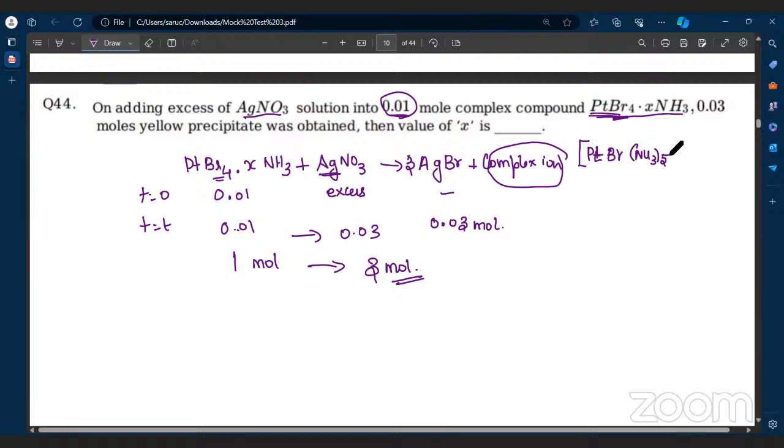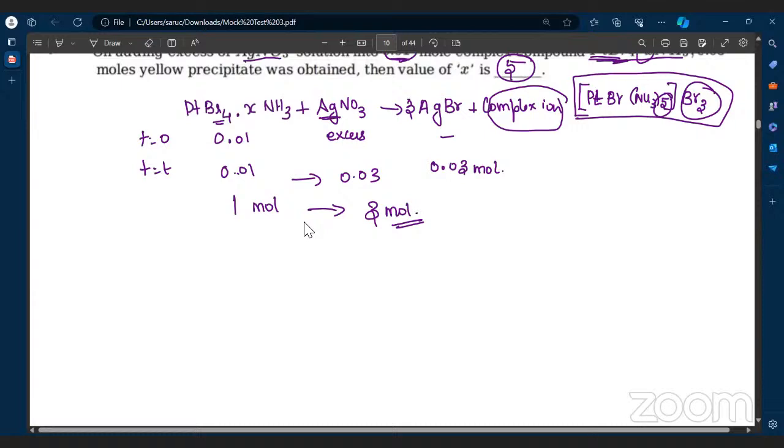NH3 5, so 5 plus 1 is 6. So 3 Br have been moved out, and this is the whole complex. Now what would be the value of X here? X times NH3, so X would be equal to 5. So 5 is the answer. Okay, got this question, everyone?